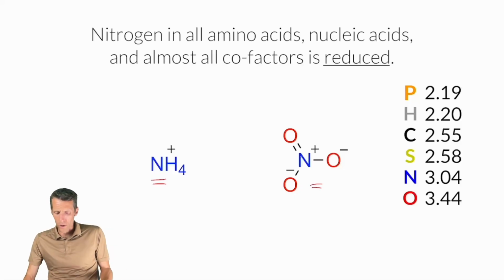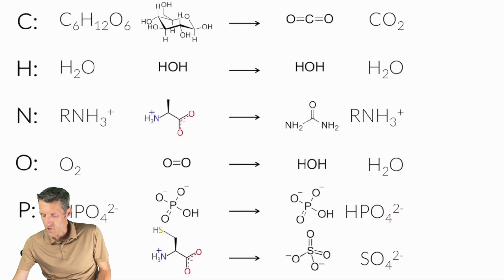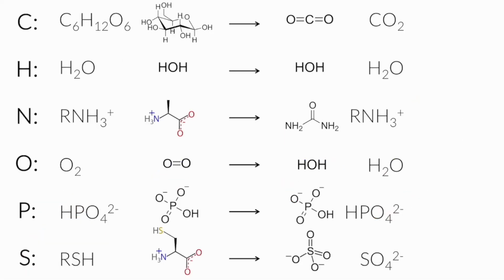And to help illustrate how weird it is, let's actually look at the rest of the CHNOPS atoms. So I know this is a big wall of things, but hopefully it makes sense as I walk through it. So what I've done is I made a table with all 6 of the CHNOPS atoms: carbon, hydrogen, nitrogen, oxygen, phosphorus, and sulfur. And then what I'm showing here in this column is the material that we take in as humans. So one of the ways we take in carbon is as glucose.